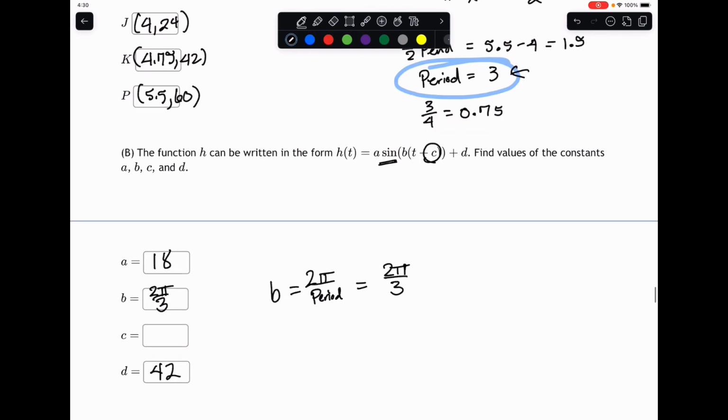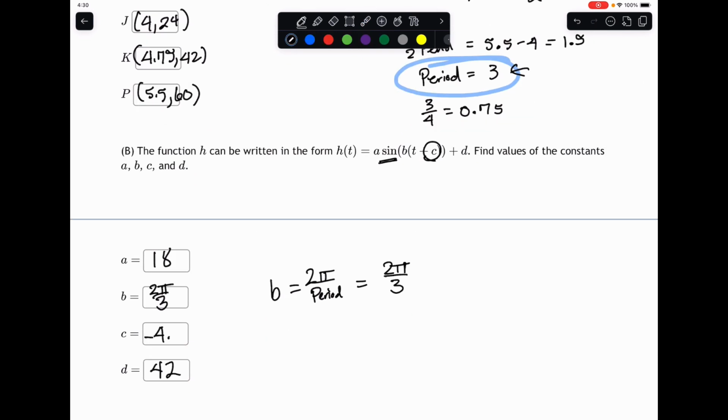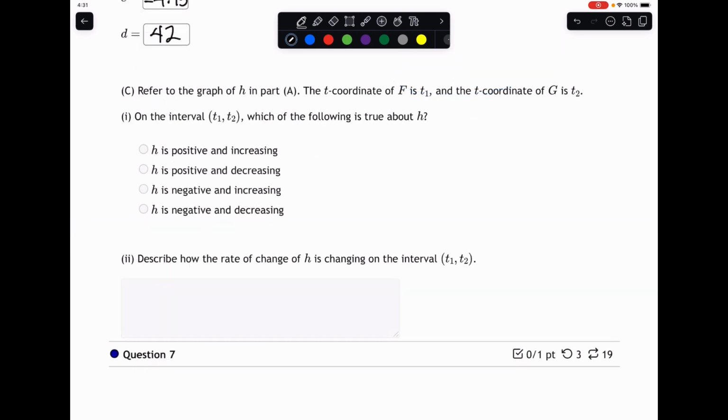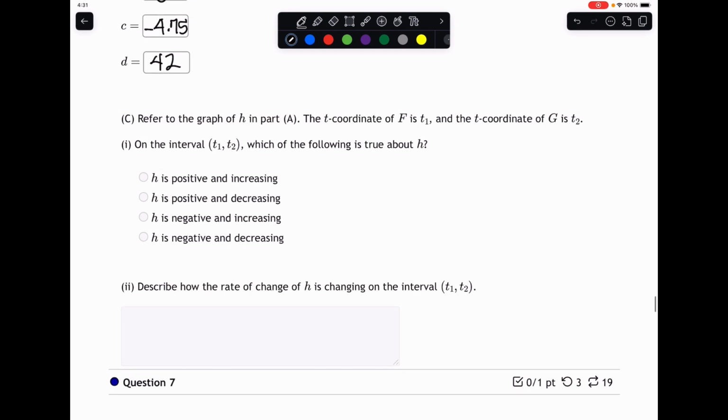So minus 4.75. So there's your values for B and C respectively. And for part C, the question one in part C, let's figure out if F is T1 and G is T2, what's happening there, okay?